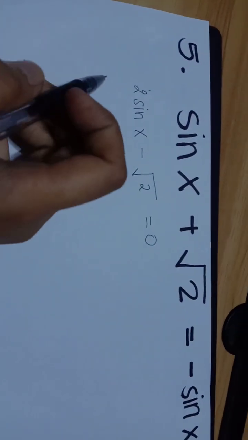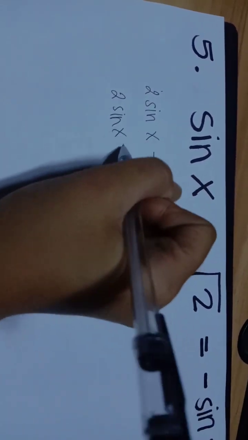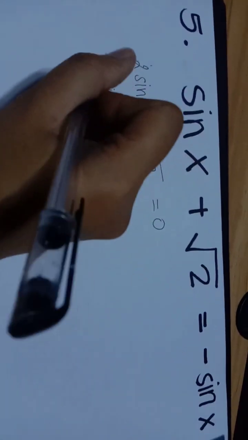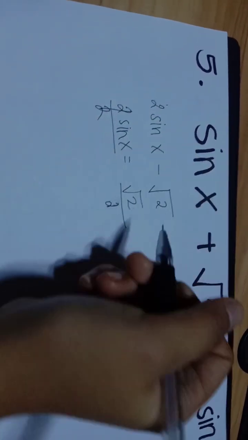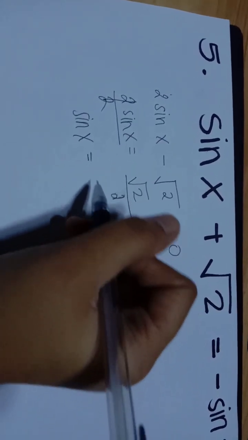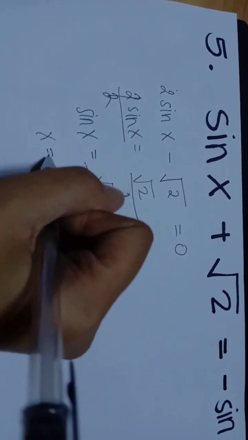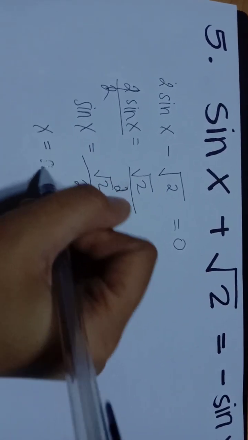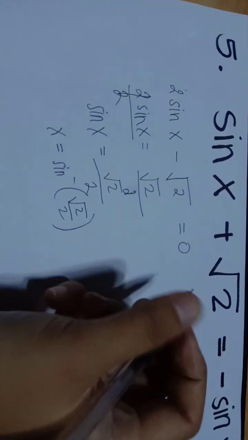So 2 sine x equals negative square root of 2. Divide both sides by 2. Cancel out. Bring down sine x equals square root of 2 over 2. x is equal to arc sine of square root of 2 over 2.